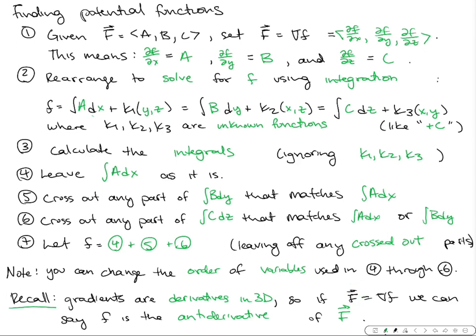But if that's true, then the little f that you get out of this integration process, and the little f that you would have calculated a gradient from, is going to be an antiderivative to the capital F.